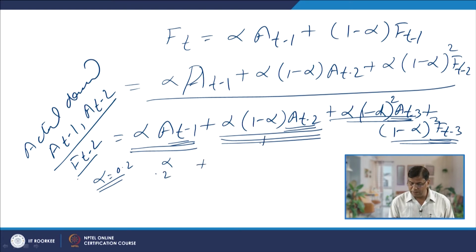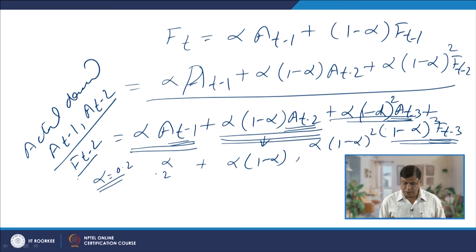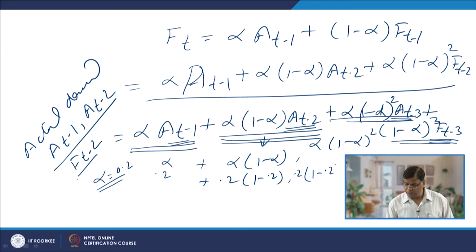For the second period it is alpha into (1 minus alpha), and for the third period it is alpha into (1 minus alpha) squared. Putting in the value of alpha, 0.2 into 0.8 gives 0.16, and 0.2 into 0.8 squared gives 0.128.